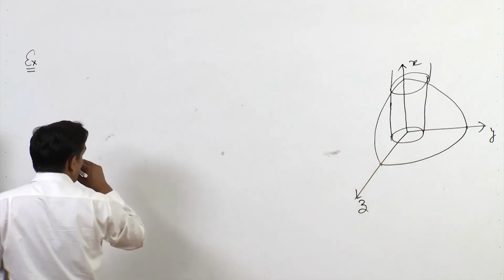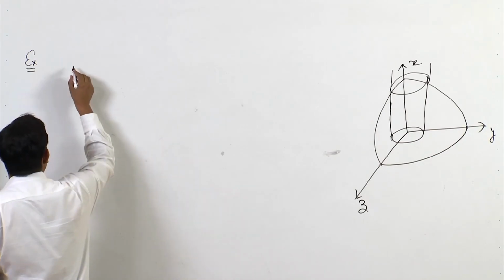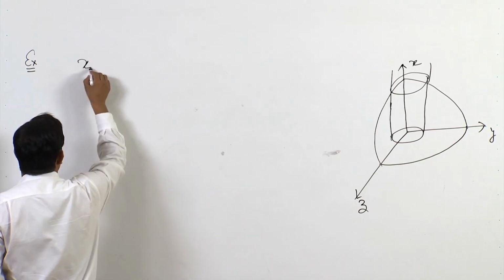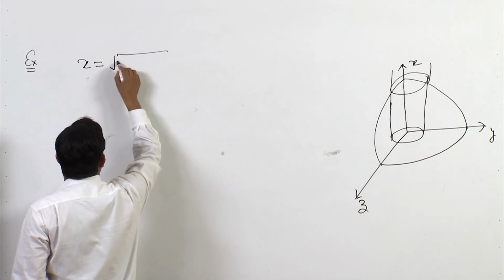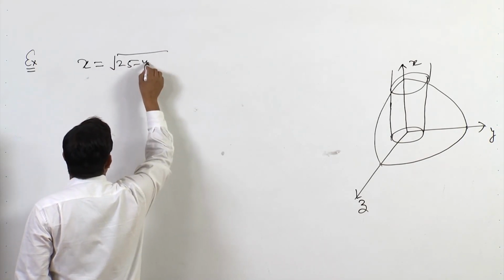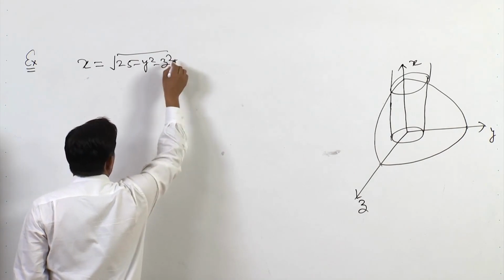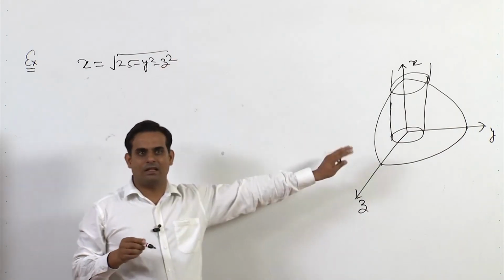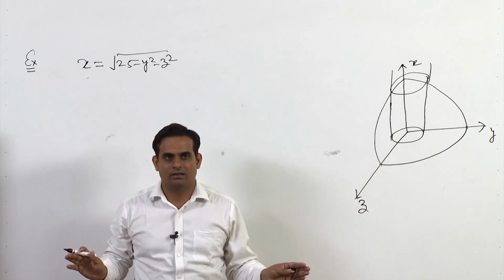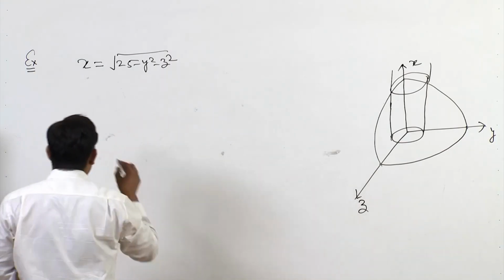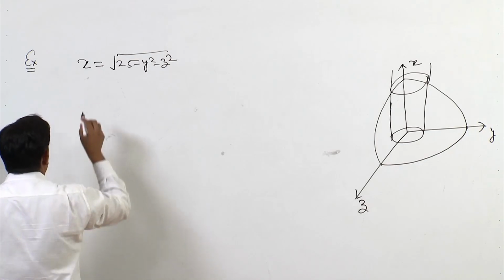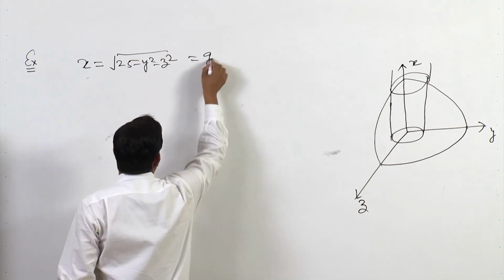So, here I can write the equation of the surface as x equals square root of 25 minus y square minus z square, because ultimately my surface is a sphere, okay. Let us say this is g of yz.